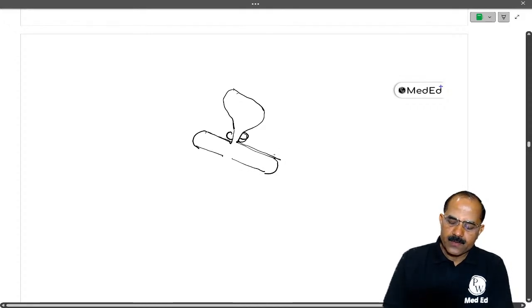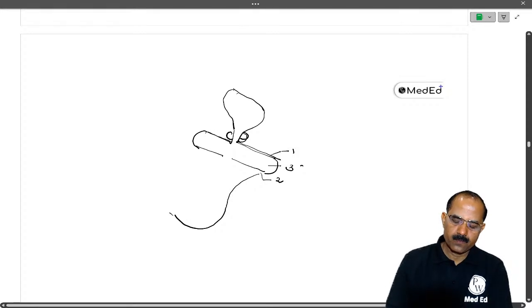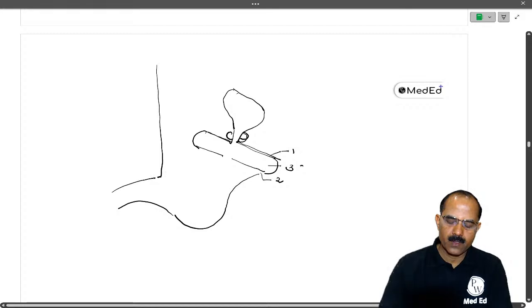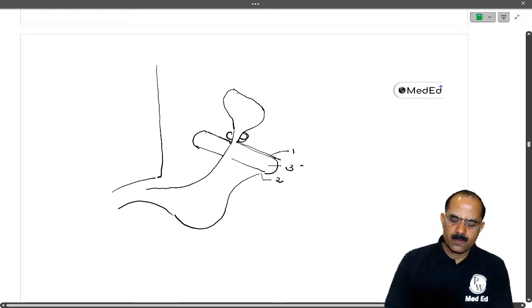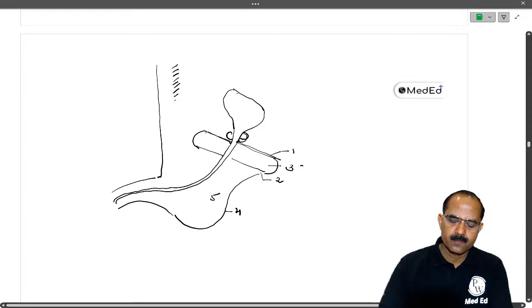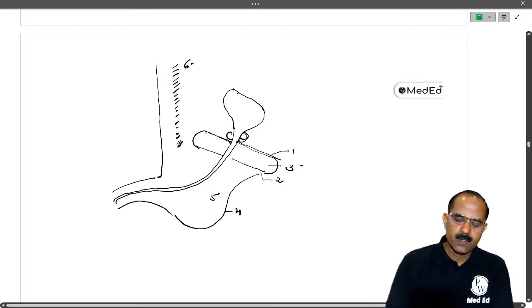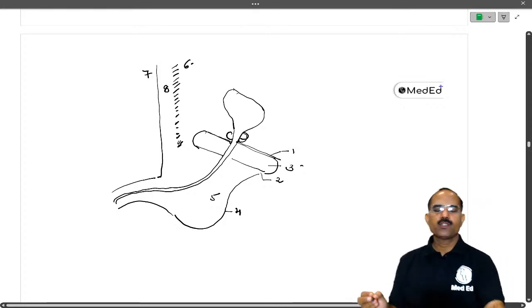And so I'll just put this number 1. I'll put this as number 2, number 3, number 4, number 5, number 6, number 7, number 8. चलो, अभी बोल सकते हो बच्चों?